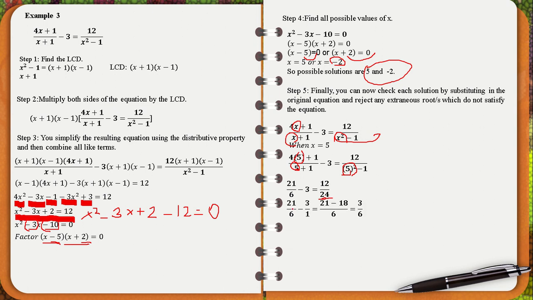So 21 over 6 minus 3 over 1, i-express muna natin itong nandito sa kaliwa as single fraction.